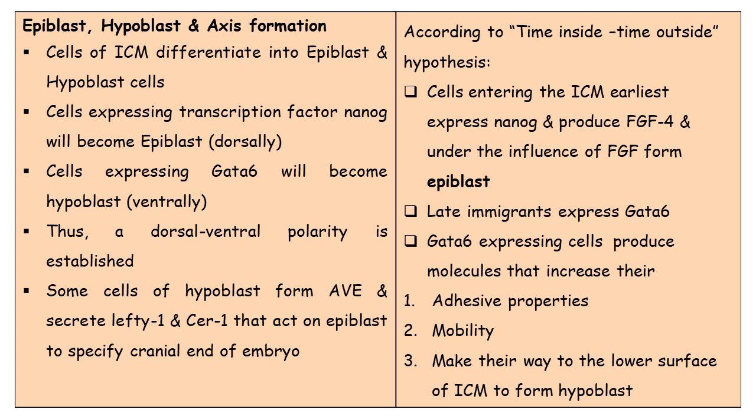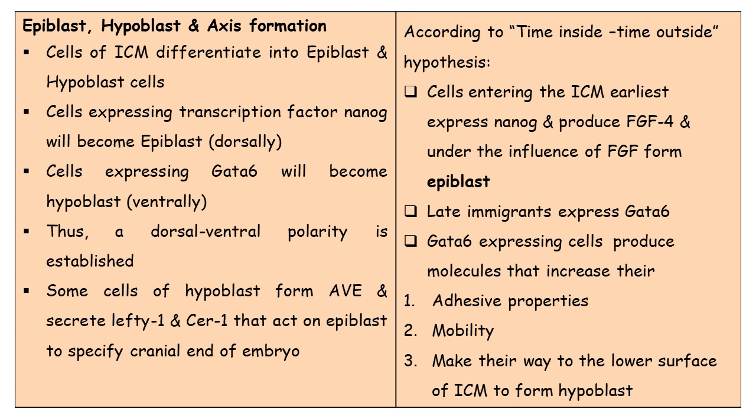Now, after the differentiation of the trophoblast into the cytotrophoblast and syncytiotrophoblast, there will be further differentiation of cells in the inner cell mass, or embryoblast. Cells of the inner cell mass differentiate into two types of cells, epiblast cells and hypoblast cells. Cells expressing the transcription factor Nanog will become the epiblast.